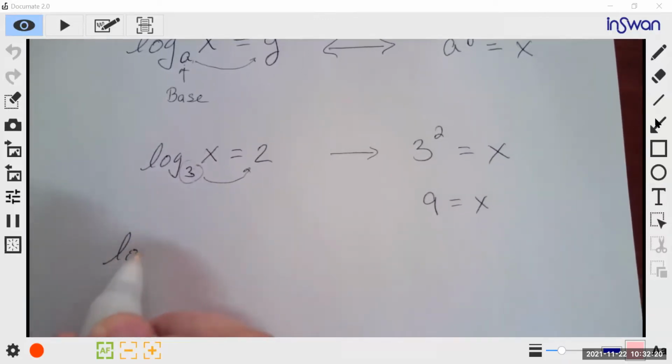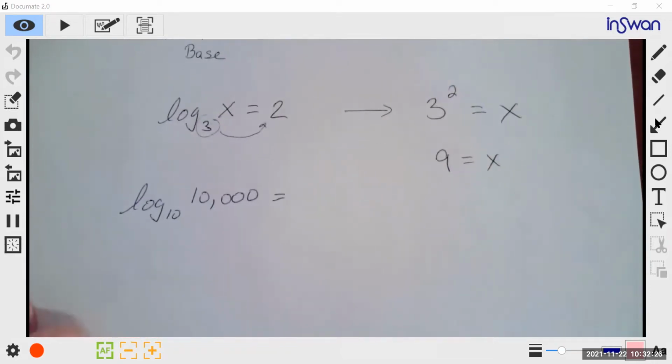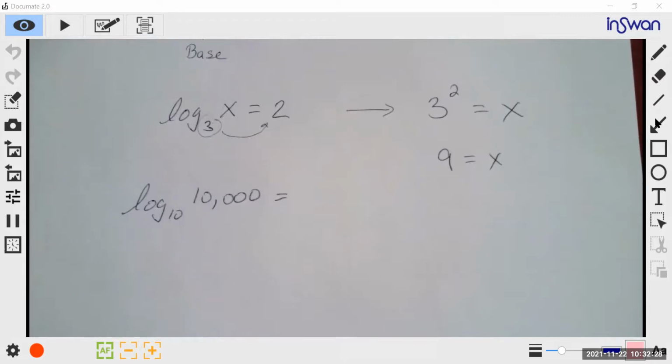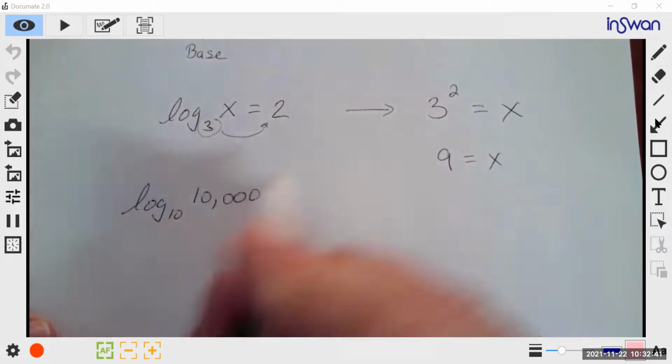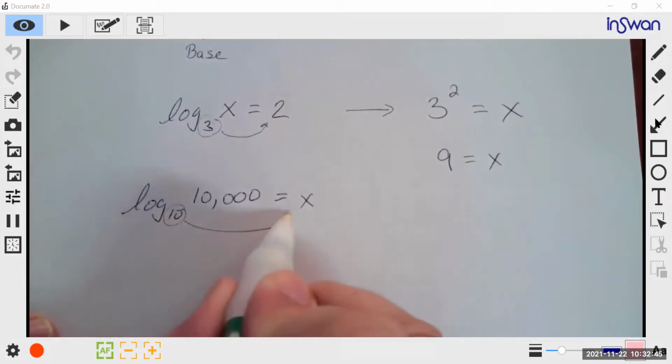How about if I gave you this? What does that equal? We don't know what that is. So we take the base, push it up.